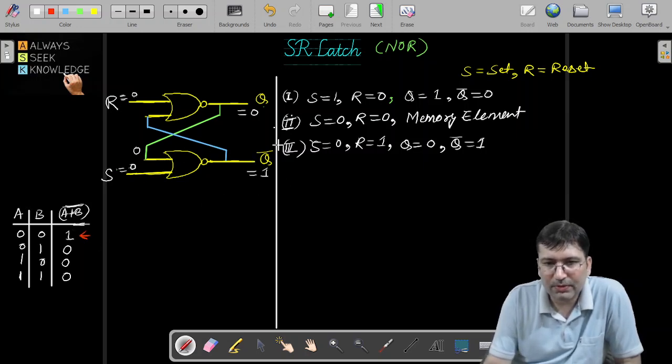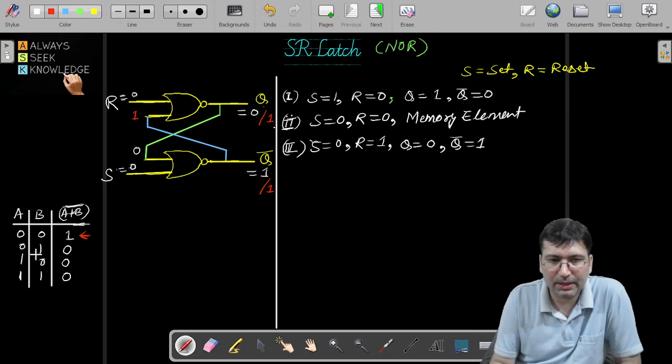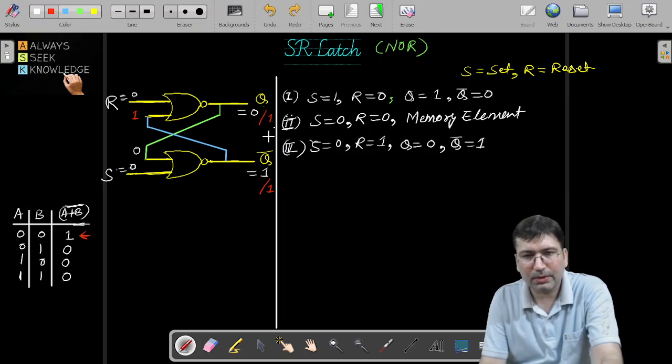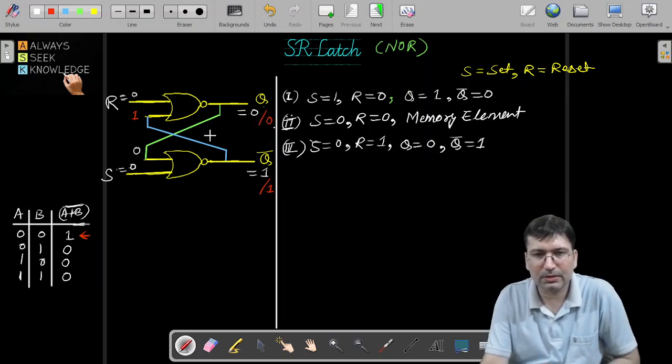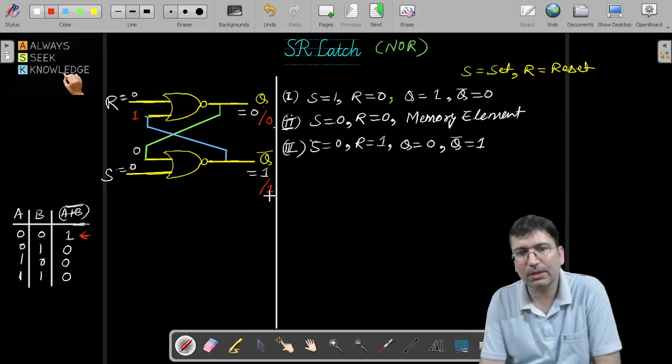So previously it was 1 and now it is generating 1, right? This 1 will propagate here, and this NOR gate will have one input as low, one input as high, and it will generate 0, because when any one of the inputs is 1, the output is 0. So it is not 1, it is 0, right? So this is generating 0. Earlier it was 0, now it is also 0. Earlier it was 1, now it is also 1.